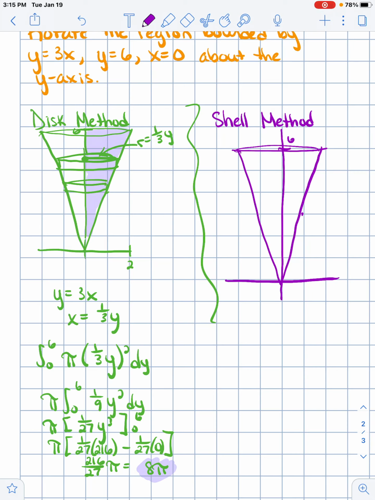My representative cylinders are going to look like this. Let me try this again because that's not a very good picture. My representative cylinders are going to look like this.